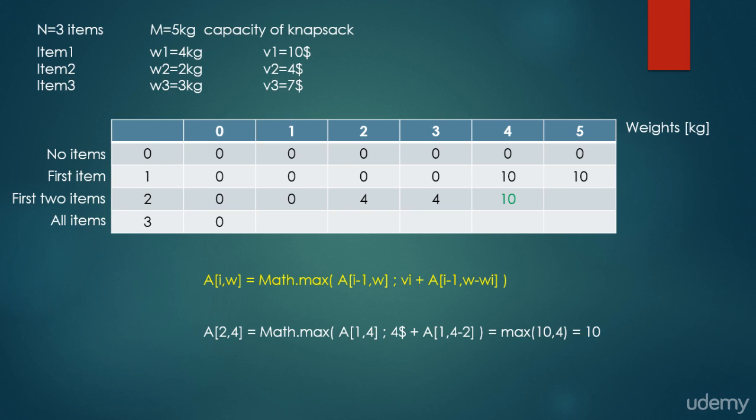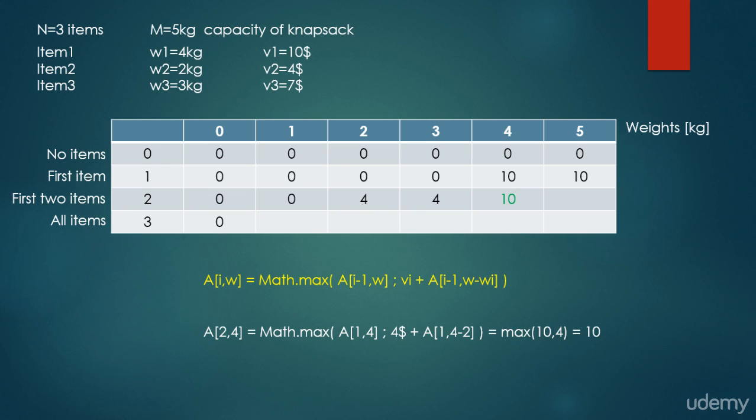Why? Of course, again, we just have to calculate our formula. So A with row index 2 and column index 4 is equal to the max of A14, which is 10, and we have to calculate the other situation when we take the item. So it's very important that the first integer in the max equation represents that we don't take the item with index i.